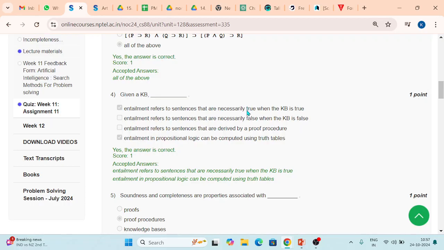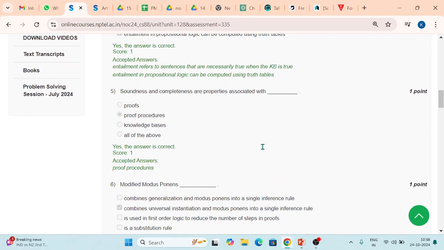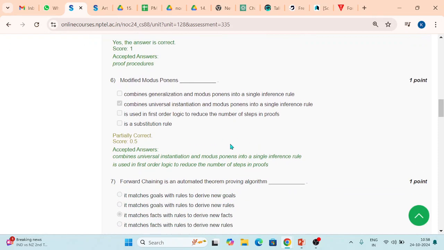That is the requirement for any sentence to be entailed by the KB. So if any sentence is entailed by the KB, then it is necessarily true when the KB is true. And this entailment in propositional logic can be computed using the truth tables, whether it is entailed or not. Okay, and these are theory questions.